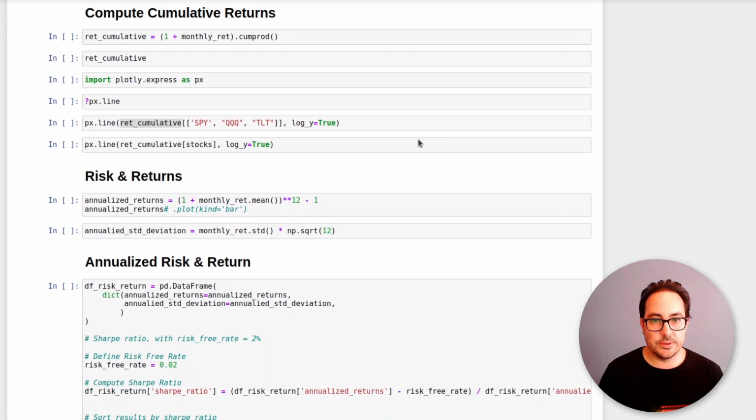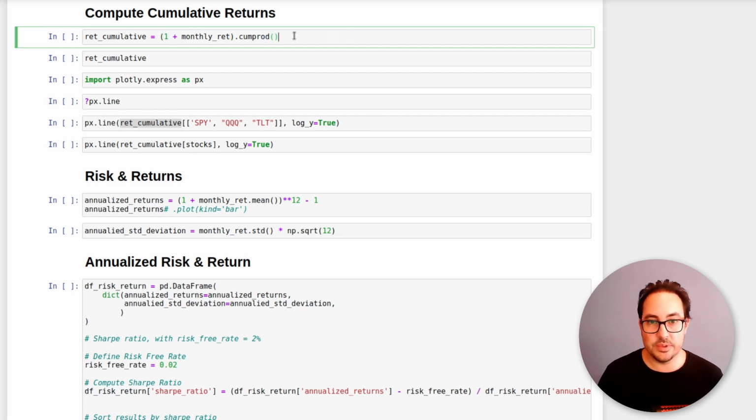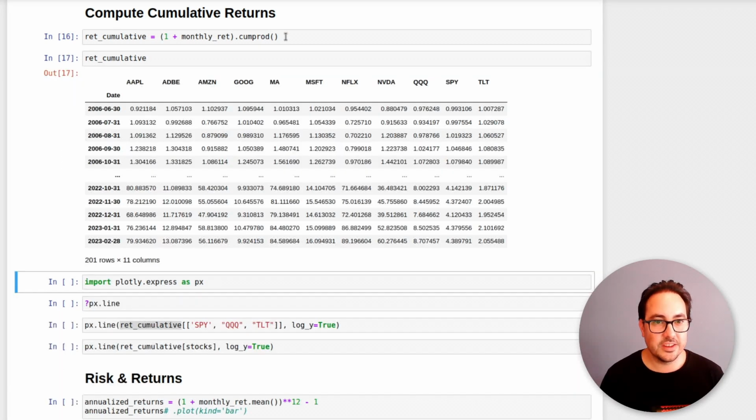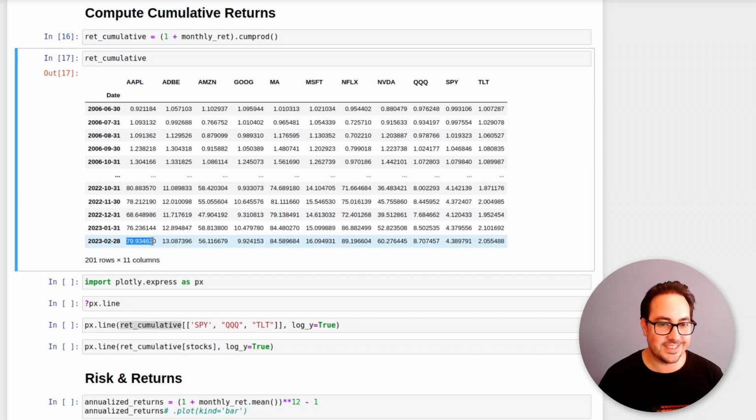Moving forward, another way to look at the data is to compute the cumulative returns. Let's say you put in $1 in this stock at the start of the period. How much money do you have at the end? Let's say you invested in Apple. By the end of this long period, you have $79.